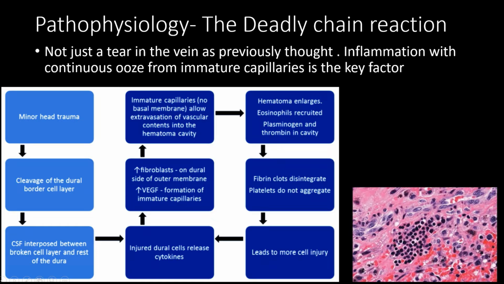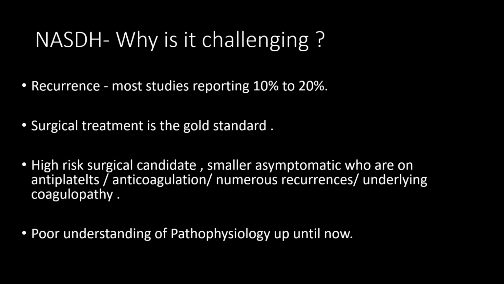In histological pictures, you can see neovascularization around a chronic subdural hematoma specimen. So it's not just a tear in the vein as previously thought; inflammation with continuous ooze from the immature capillaries is a key pathogenic factor. This is a deadly chain reaction, and we have to halt it to effectively treat chronic subdural hematoma.